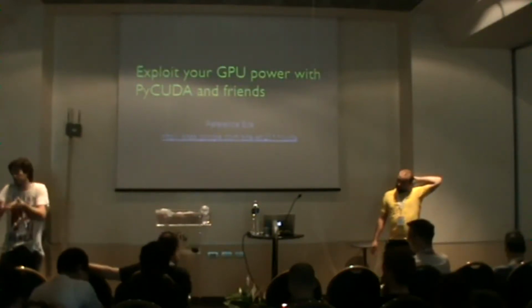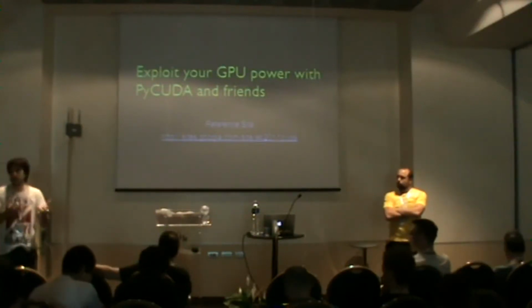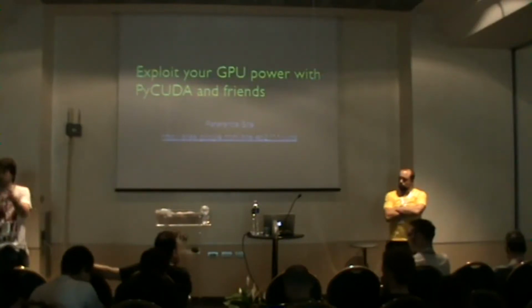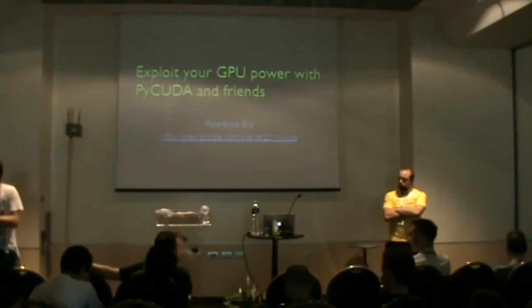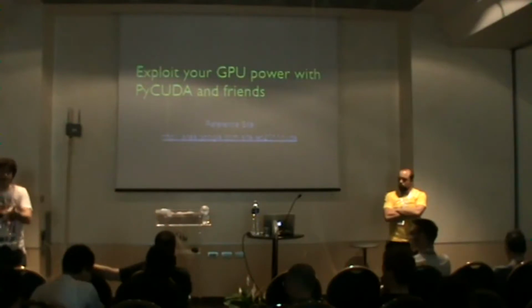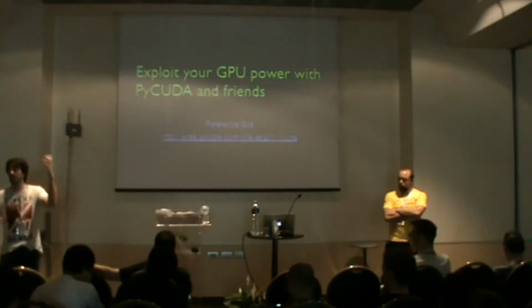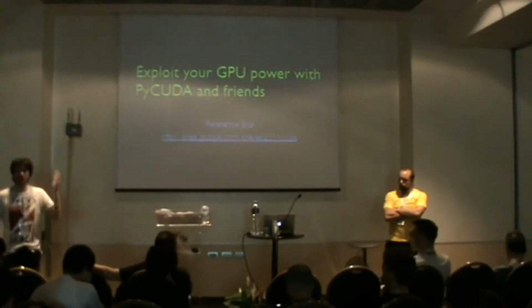Not too difficult, but it's not immediate like installing PyCUDA. If you want to install PyCUDA, you just type easy_install pycuda, and you get PyCUDA. It's very simple, after you have installed the Nvidia SDK toolkit that you can download for free from Nvidia.